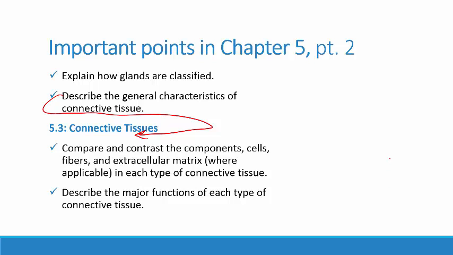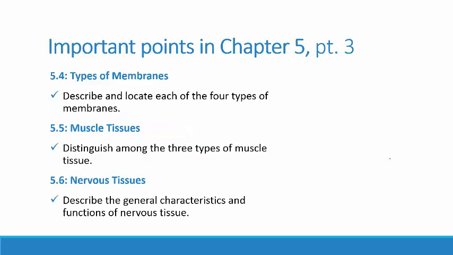We looked at the connective tissue proper, and then also looked at the specialized connective tissues. We described and located the four types of membranes in the body, and then we talked about muscle tissue and we discussed the ways to distinguish among the three types of muscle tissue, and the nervous tissues and the functions and some of the general characteristics of nervous tissues.